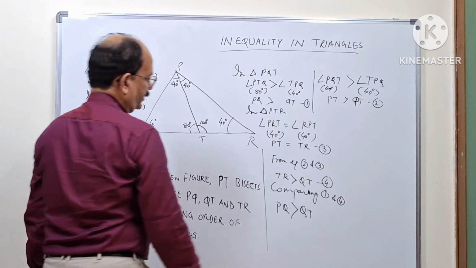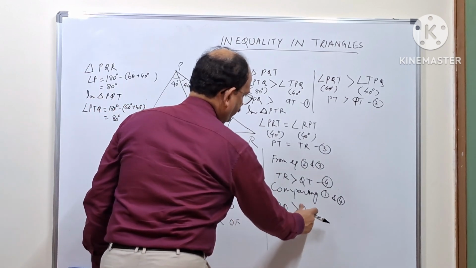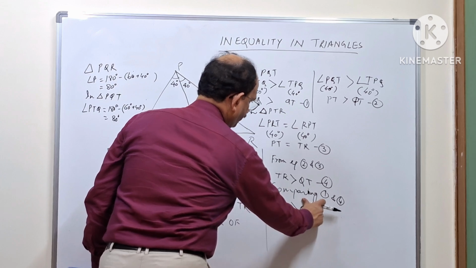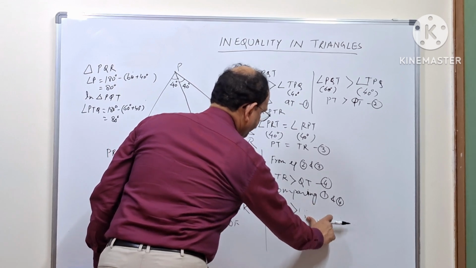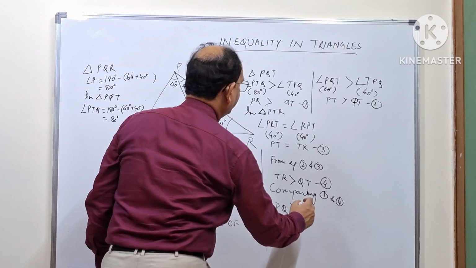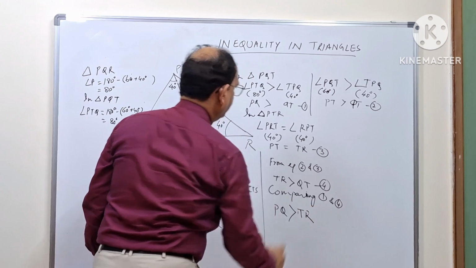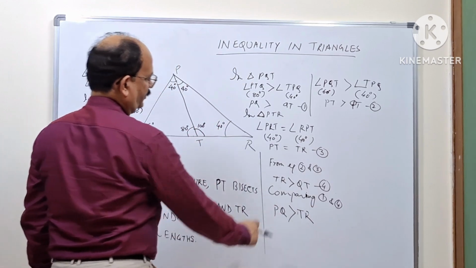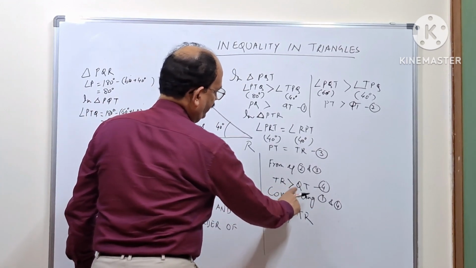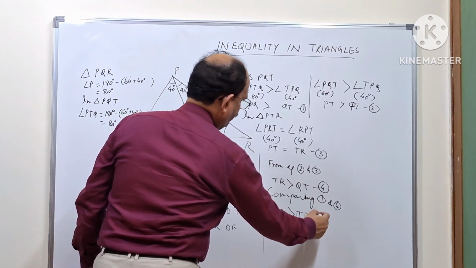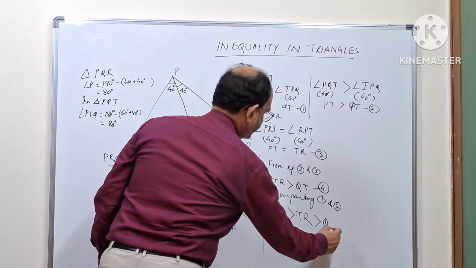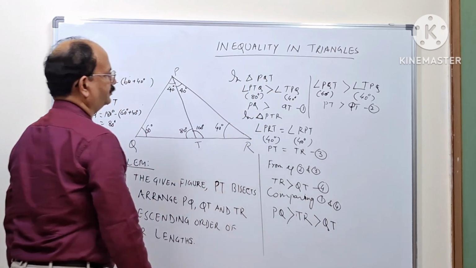Therefore, we need to write it this way, that PQ is greater than TR, right? And TR is greater than QT.